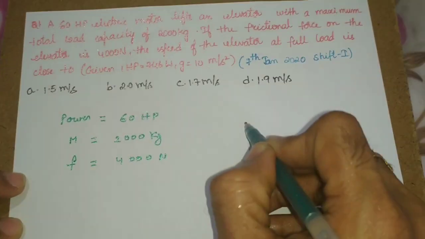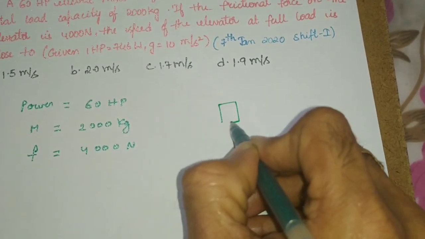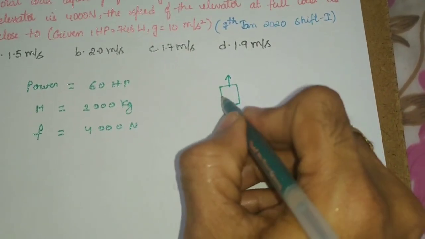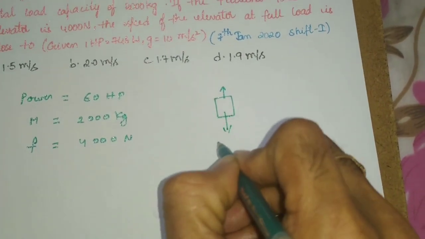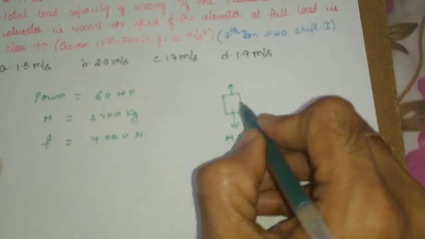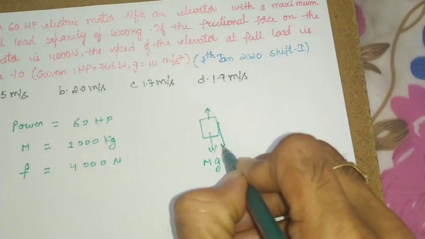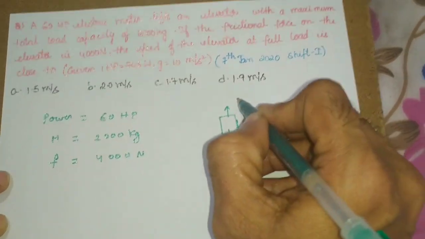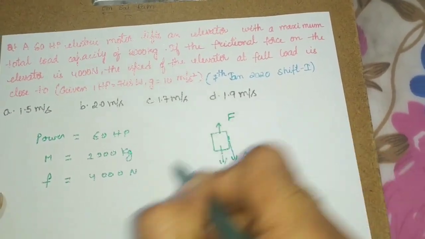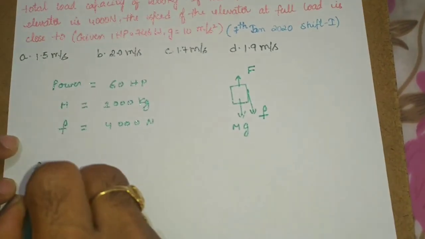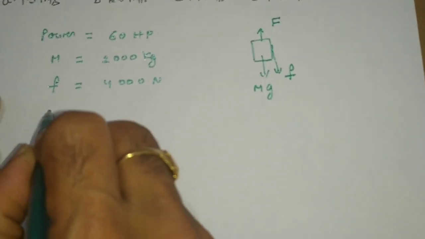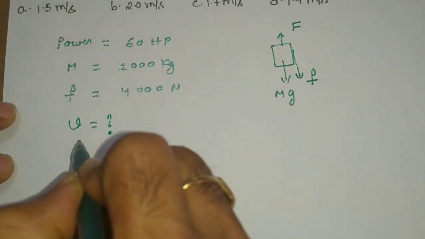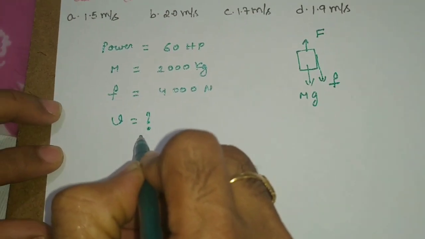Here, when the lift is traveling in upward direction, its weight is acting in downward direction, as well as frictional force is acting against the motion of the lift. Then it is moving up with force F. We need to find the maximum possible velocity, the speed of the elevator at full load.